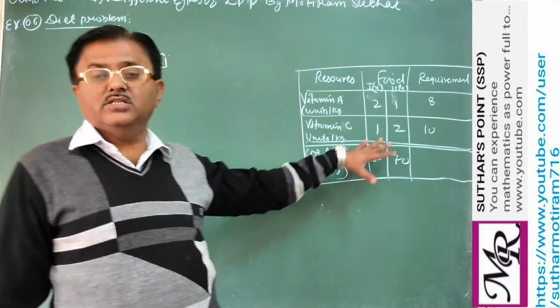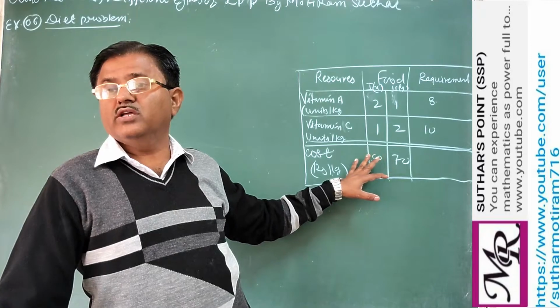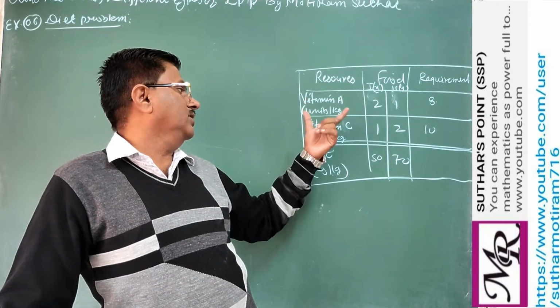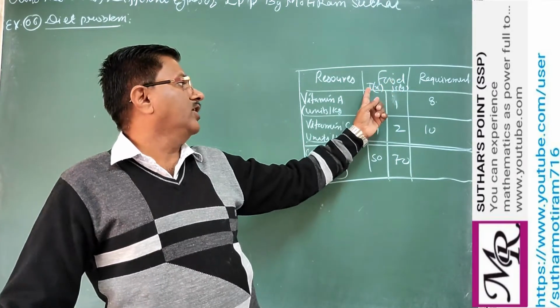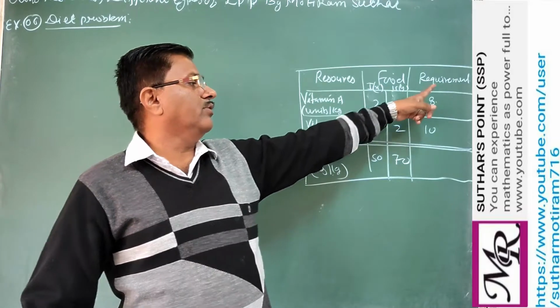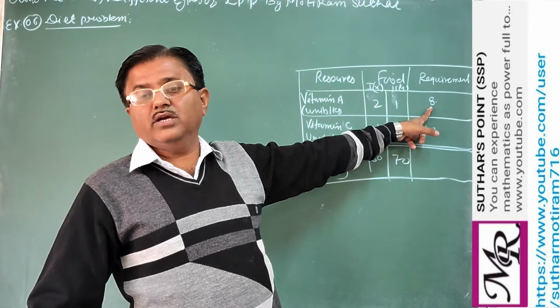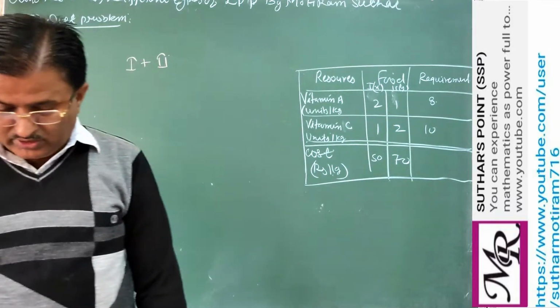As you can see, we are drawing this information in the form of a table. So you can easily understand: these are the resources that we need, vitamin A and vitamin C. Then there are two types of food mixed, first food and second food. Now the requirement of vitamin A is at least 8 units and vitamin C is 10 units.